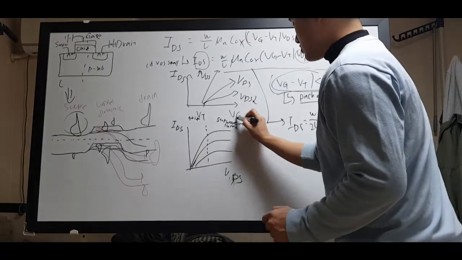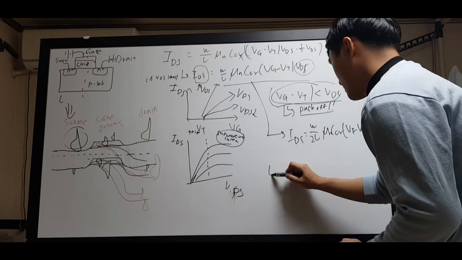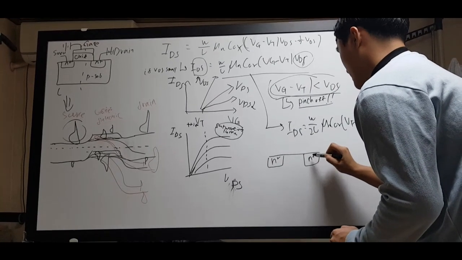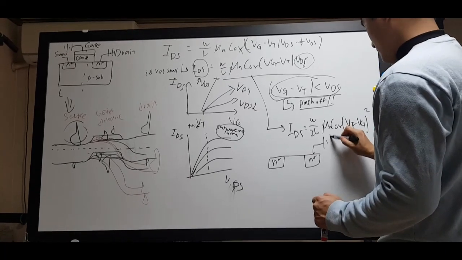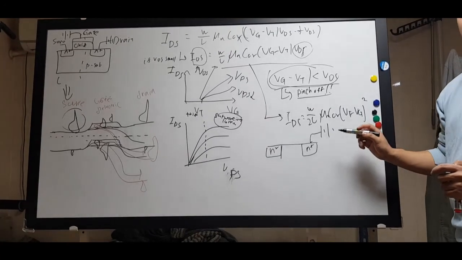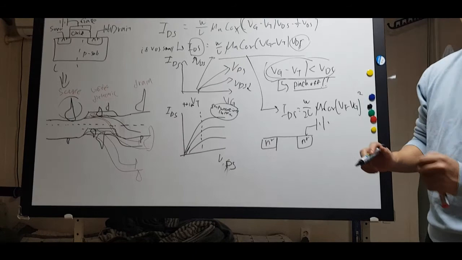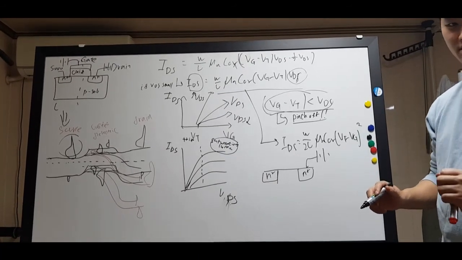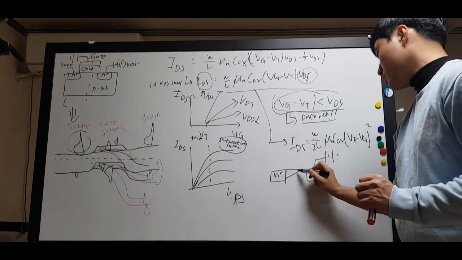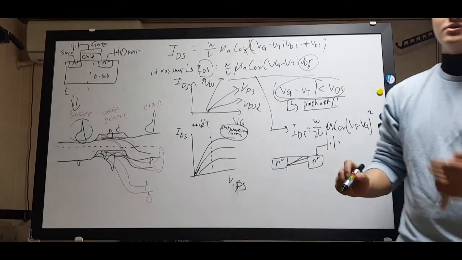So why does saturation current happen? See, there is the source here and the drain side here. If the drain voltage is greater than the gate voltage minus the threshold voltage, then the channel will become narrower and narrower as the drain voltage is increased.